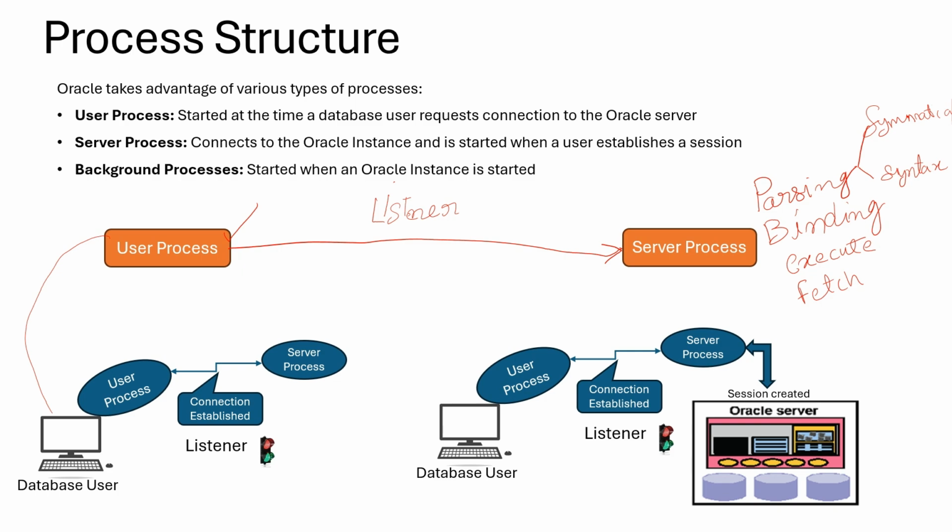We'll talk about SGA later. At the end of this phase, the server process returns the status, either success or failure. It will do the checks, and whether they succeed or fail, it will send that information to the user process during the parse phase.